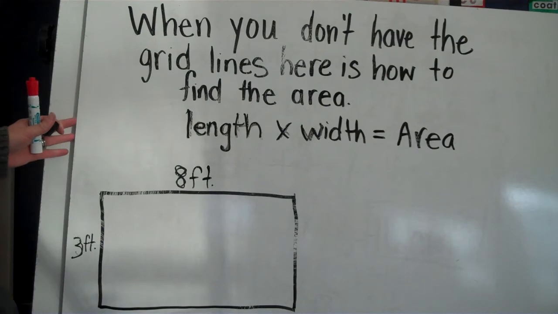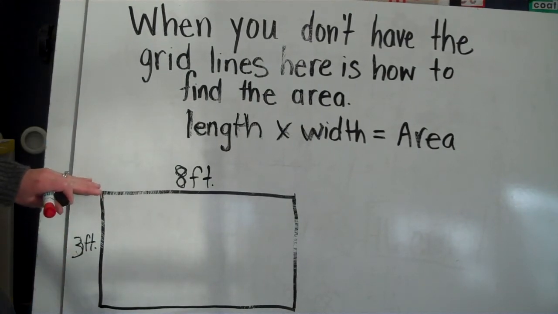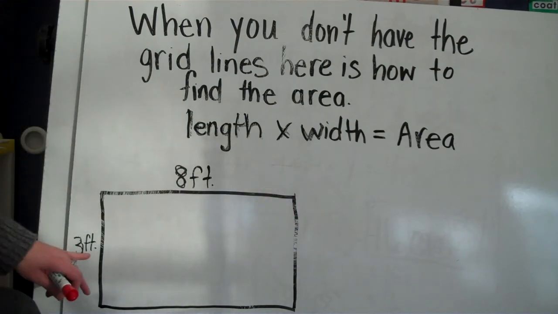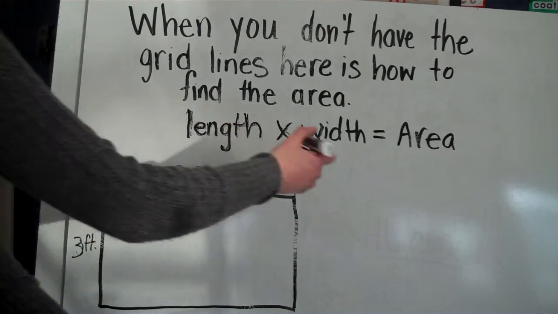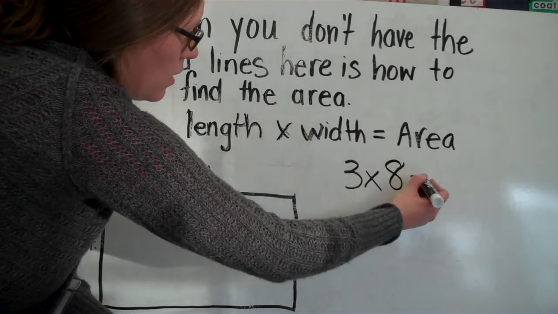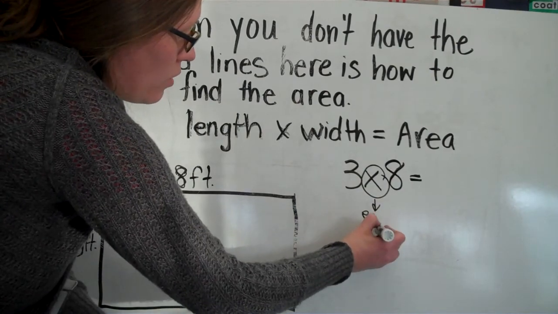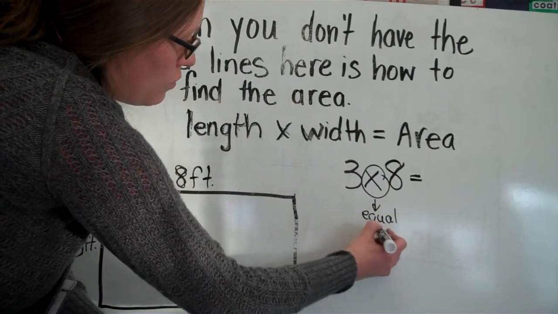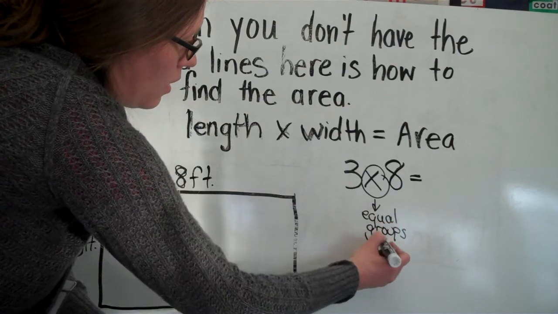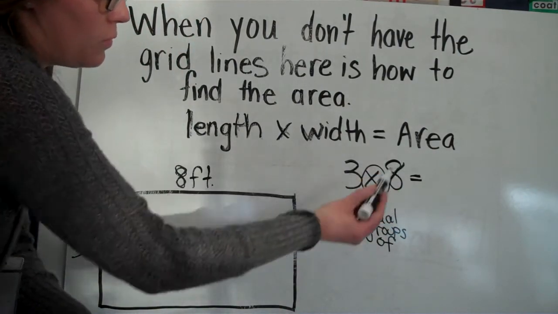So here's an example. I have 3 feet here and 8 feet here. So I can multiply 3 times 8. And remember, when we're multiplying, those are my equal groups of. So I have 3 equal groups of 8.